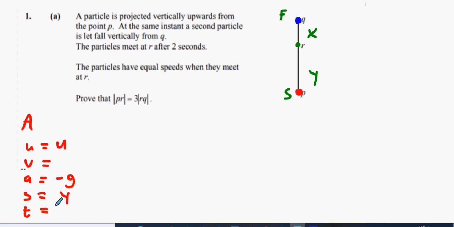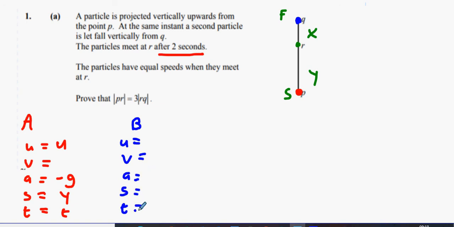I generally like pluses. Are they launched at the same time? Oh, my bad. Jeez, I'm reading everything wrong here. They meet after 2 seconds. It's not that one of them is thrown after 2 seconds. They're meeting after 2 seconds. So that's a common T value. Now we're going to go for B, which is in blue. Is it dropped? So what happens if it's dropped? Lads, if the wording says dropped, what does that mean?